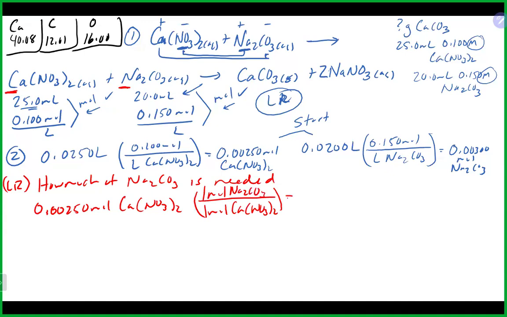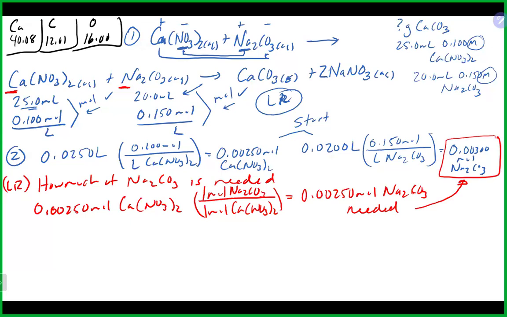And again, that's the calculation that helps us determine which one's the limiting reagent. That would tell us that 0.0025 moles of sodium carbonate is needed in this case to use up all of our calcium nitrate. Remember that what we're comparing is how much is needed of the sodium carbonate to how much we had to start with.